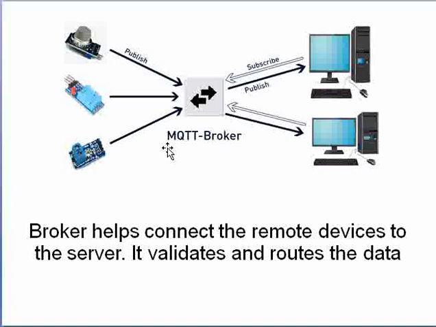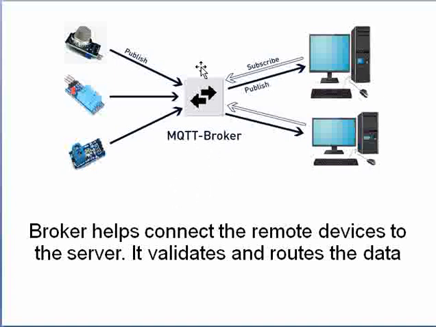Ultimately, the data will be received by someone who subscribes, and the data will be sent by the machine. So in between, there must be someone who is going to validate the data, whether it is correct or not, and route it to a particular device which has subscribed to that data. So that guy is the MQTT broker.